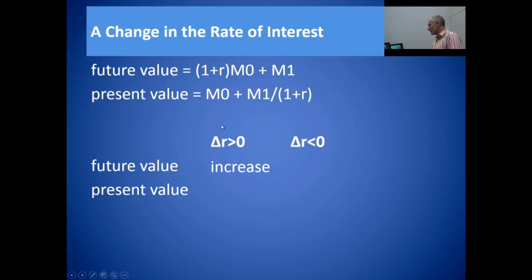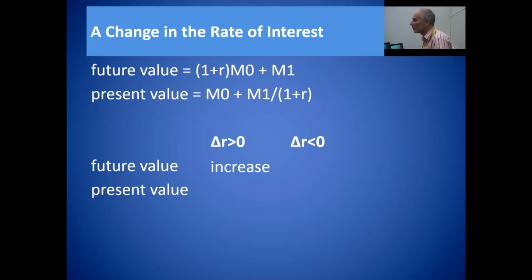If, though, the rate of interest increased, and we looked at the present value, what's going to happen? Well, remember, if we're dividing by a bigger number on the bottom, the value is going to fall. Think about it intuitively. What is the present value of the endowment?